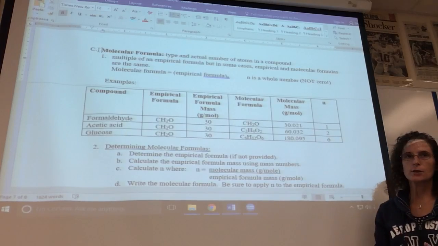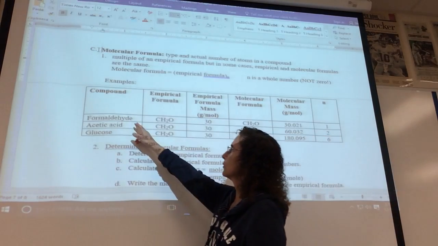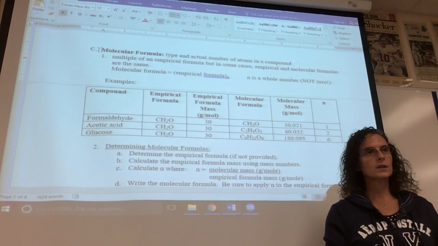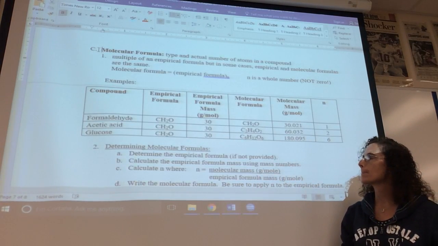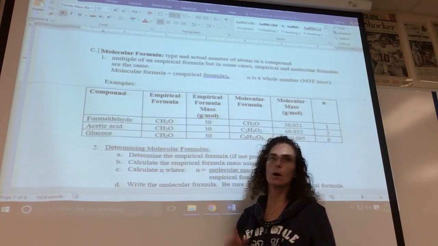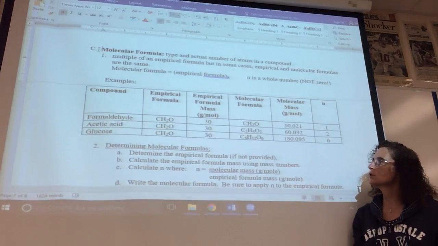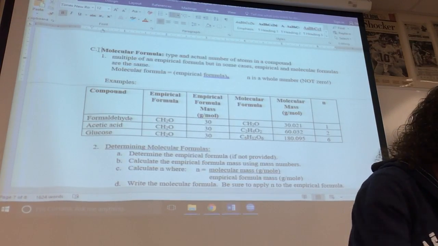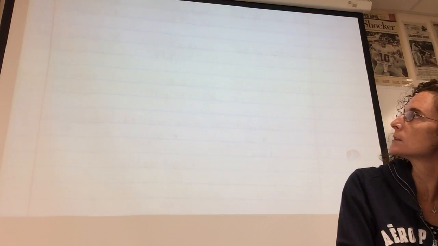In looking at the chart shown, you have 3 compounds: formaldehyde, acetic acid, and glucose. And all of these compounds have the same empirical formula, CH2O. We can determine the empirical formula mass very simplistically using mass numbers. So we don't need to get detailed with it. We can just do it from mass numbers.